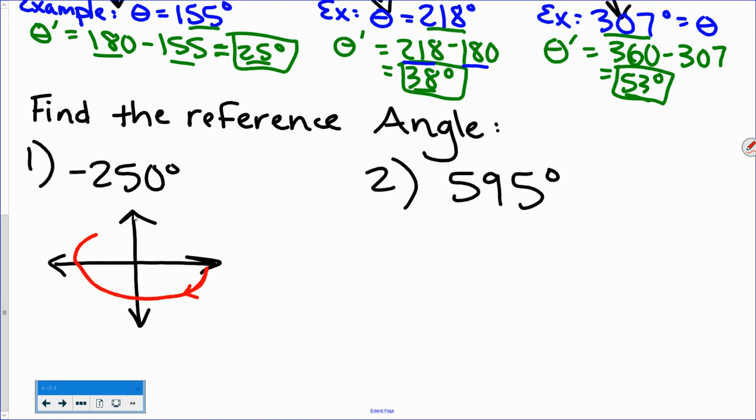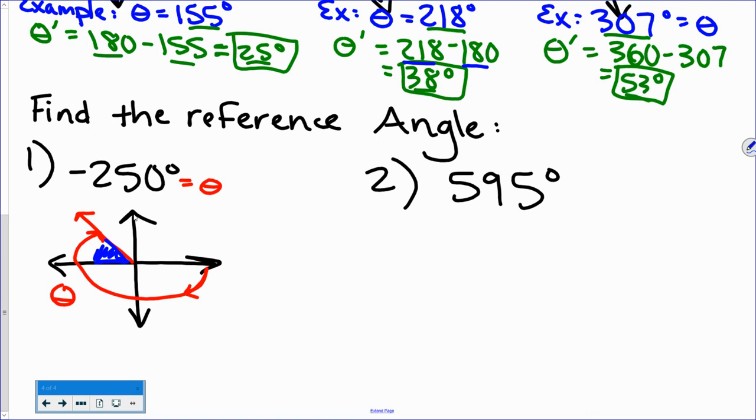Back to the x-axis would be negative 270. So it's got to stop somewhere over in your second quadrant that represents your theta. My reference angle then, here's where it ends, and here's my x-axis. It will be the positive measure of that angle.